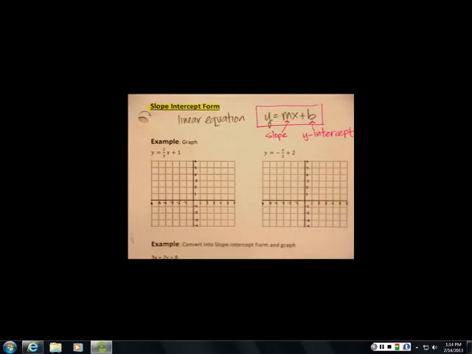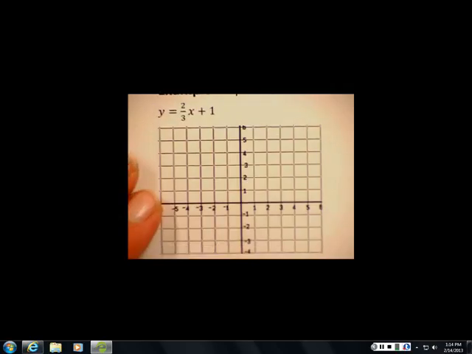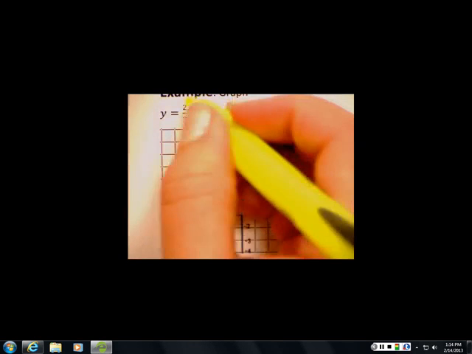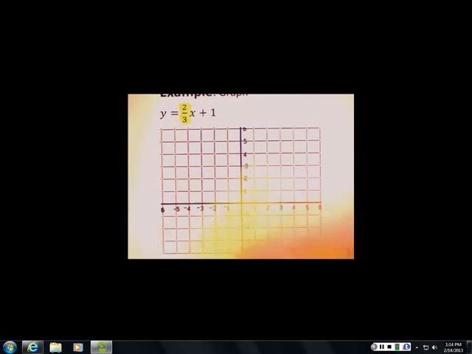You're good to go. So let's take a look at this first example. Y equals 2/3 x plus 1. I look at the number that's being multiplied by x. The number being multiplied by x, this is my slope.